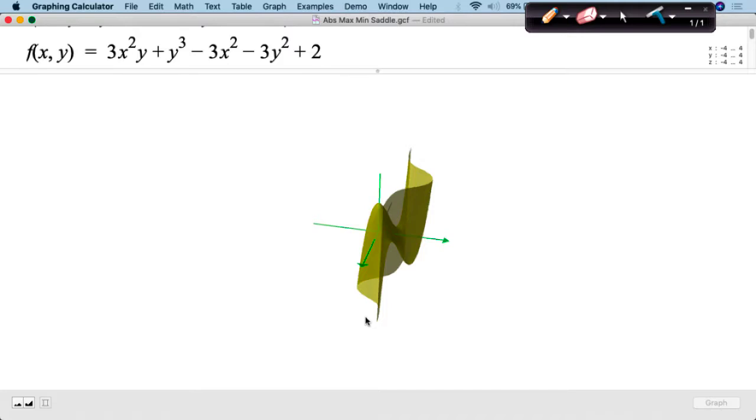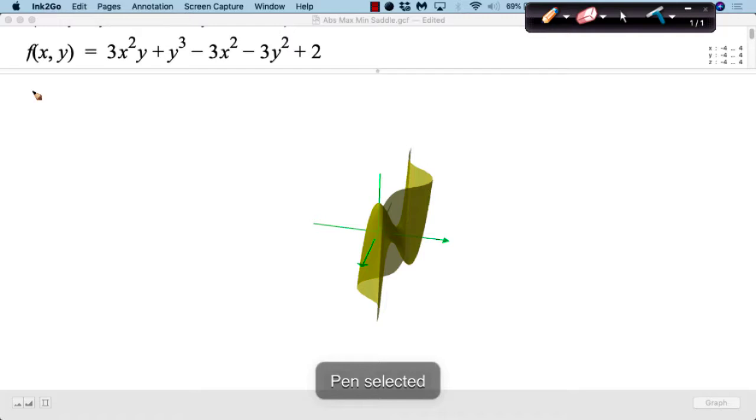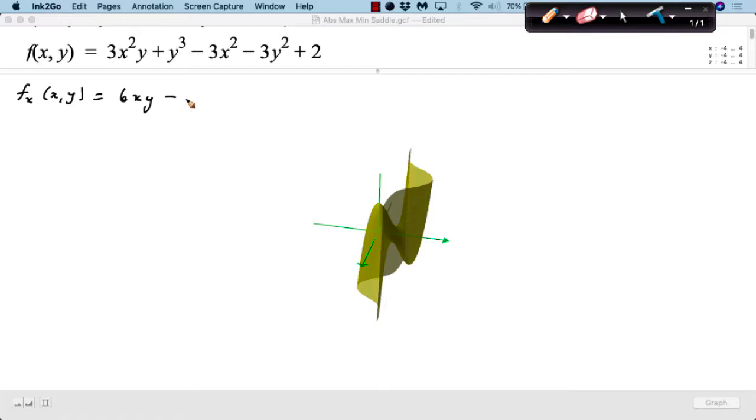So what do we need to do to find the critical points we're interested in? What makes a critical point? Not the second derivative. First derivative is 0. So we're going to find those first partials. I'm going to do it fast. 6xy plus 0 minus 6x.